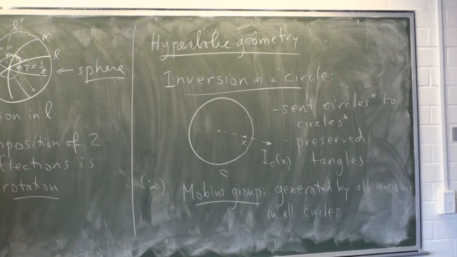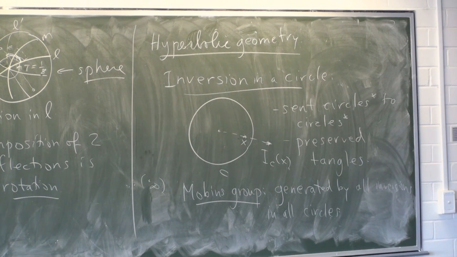And we're just going to look at a more restricted aspect of that Mobius group. Any one circle only has one inversion associated to it, yes. But every circle has an inversion associated to it, so you could combine inversions from different circles.